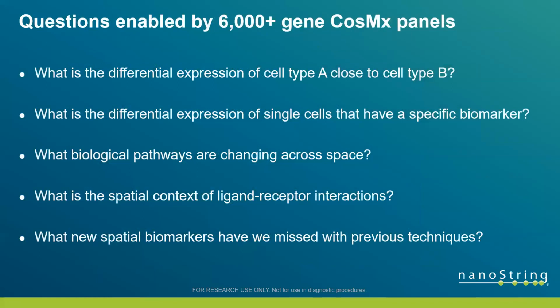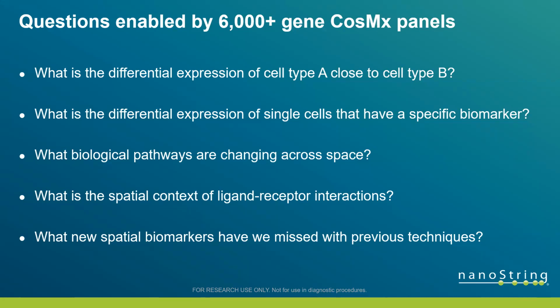So I'd just like to think about what are some of the interesting questions that we're finding with our 6,000 plex panel. How are these assays being used, and what are some of the great questions that folks are able to run with these assays? What we're really fundamentally finding is that because we're offering the highest plex, we can get into differential expression across cell type A close to cell type B, differential expression of single cells that have a specific biomarker, and uncovering biological pathways and how they change across space, across a single tissue section.